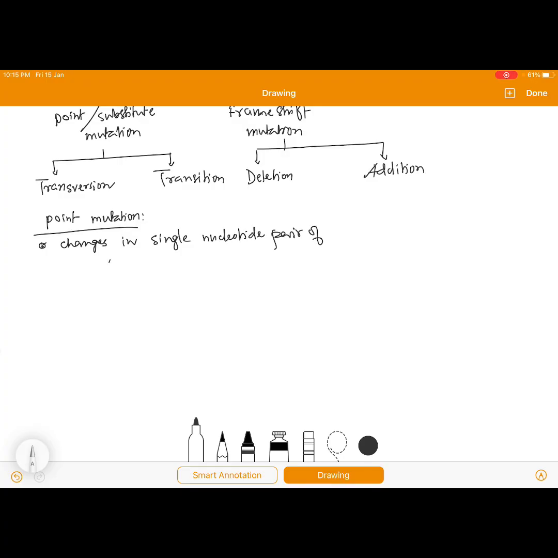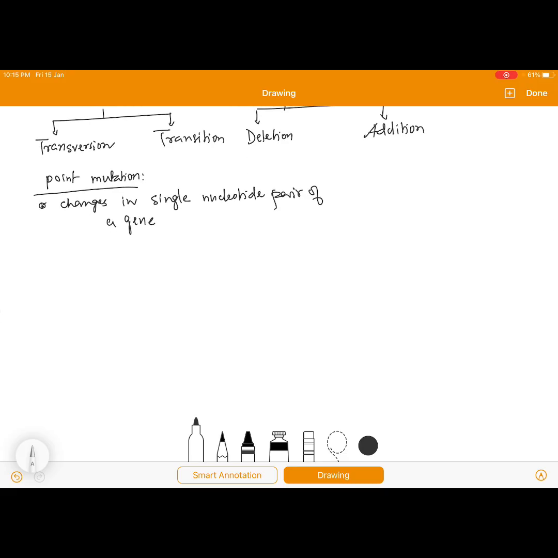And one important thing is that if a point mutation occurs in a gamete or in cells that are going to form gametes, then it can be transmitted to the offspring, that means to the future generation.